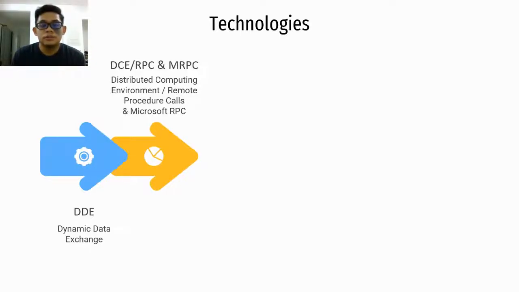So Microsoft's own implementation of DCE/RPC, known as MSRPC, is heavily used as the primary inter-process communication mechanism for Windows NT services and internal components, making it an obvious choice of foundation.